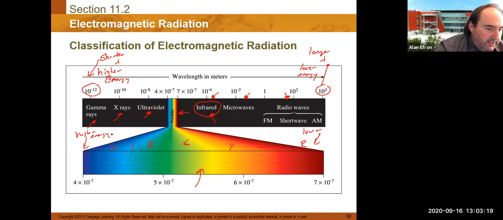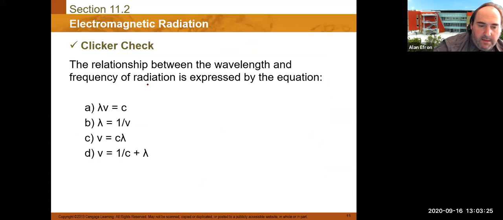Questions on what you need to know from this picture here. The relationship between a wavelength and frequency of radiation. So again, wavelength and frequency. C is the wavelength times the frequency.